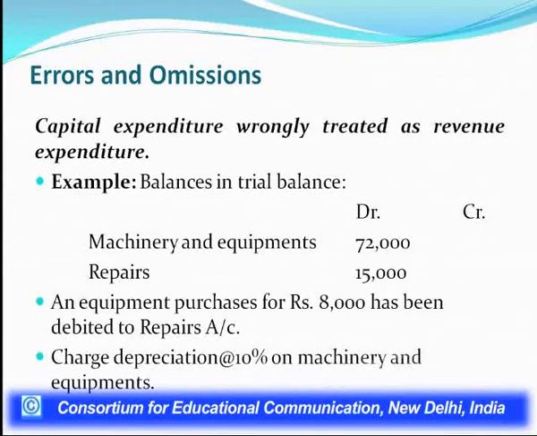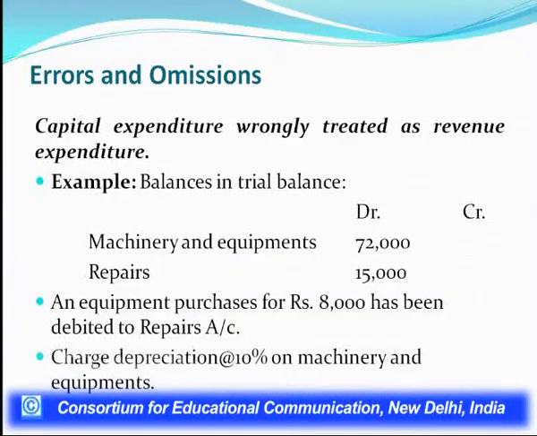We would like to have an example of capital expenditure wrongly treated as revenue expenditure. Information given is machinery and equipment 72,000 and repairs given on the debit side 15,000. Repairs is a revenue nature expenditure spent on the annual maintenance of the machinery, and machinery and equipment is the fixed asset. The adjustment given in the question is that equipment purchased for rupees 8,000 has been debited to repairs account. So, it is an error.